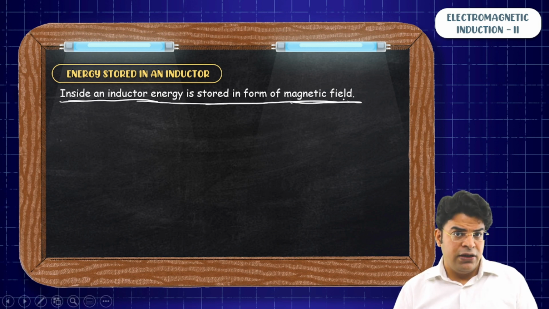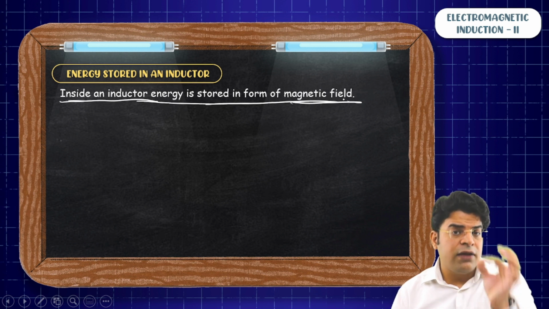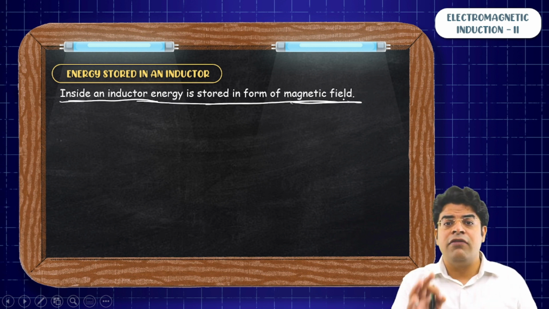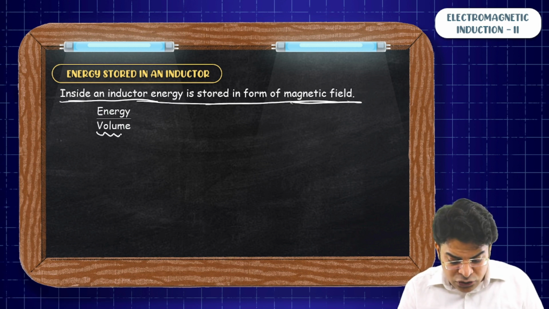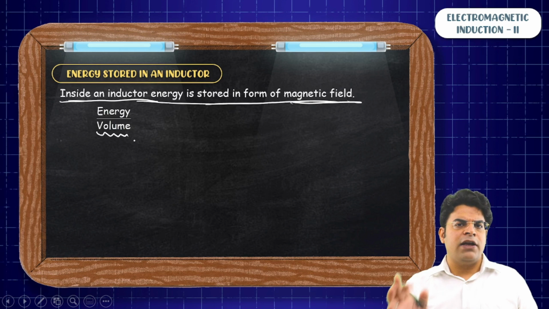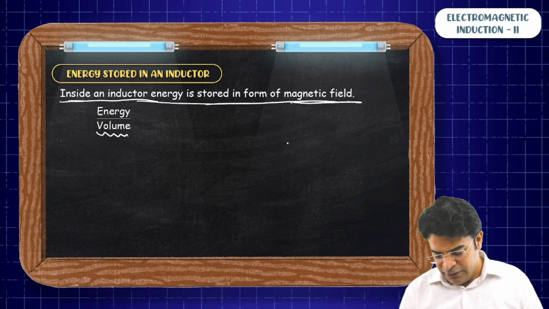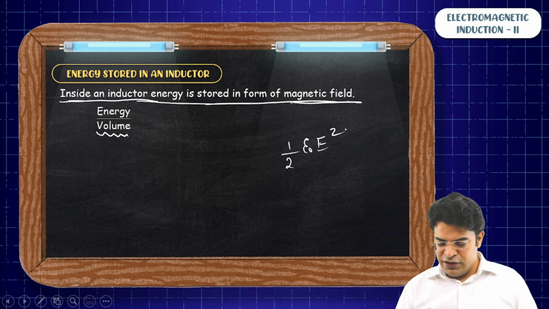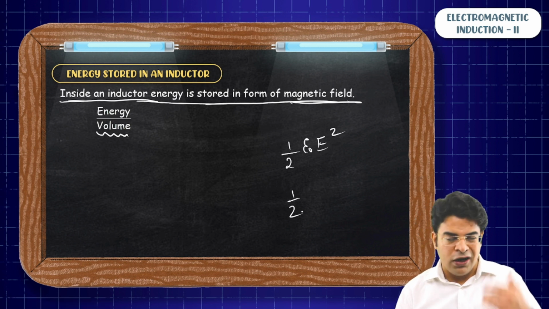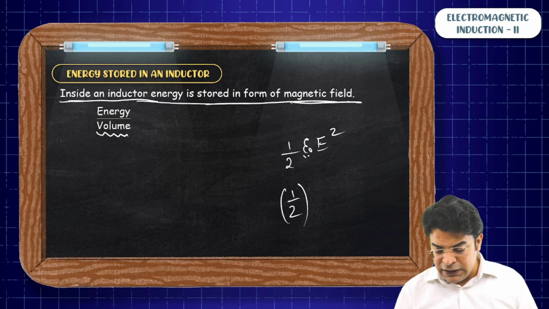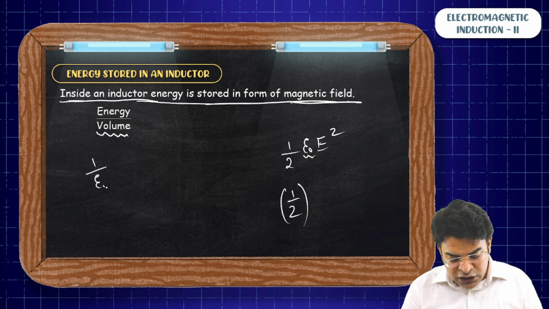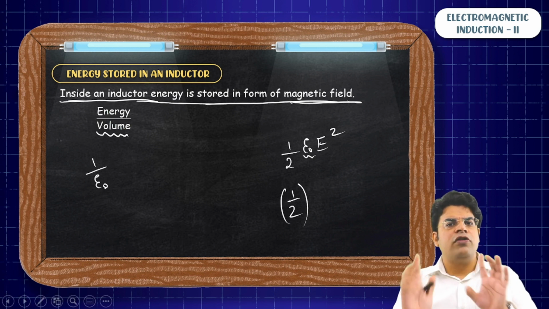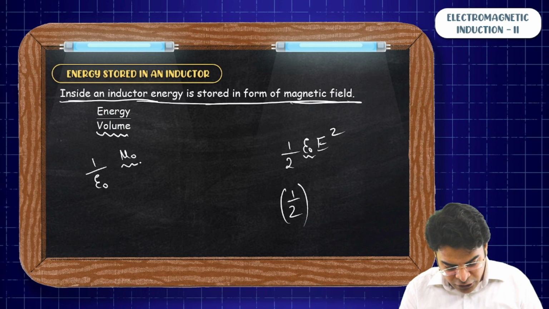And just like for electric field, the energy stored per unit volume is given by half epsilon naught E square, for magnetic field, the energy stored per unit volume in the form of magnetic field is defined how? Remember, half epsilon naught E square for electric field. For magnetic field half is half, you can't change that. In the entire course of electricity, you always find epsilon naught in the denominator, and in the entire course of magnetism, you find mu naught in the numerator.